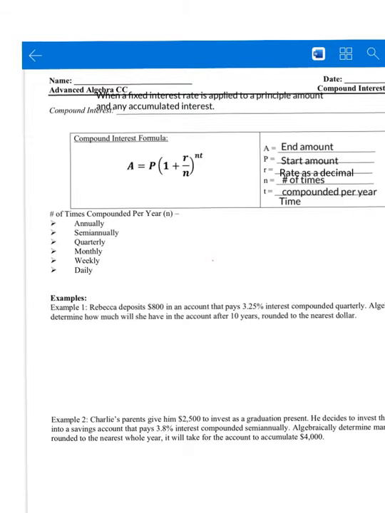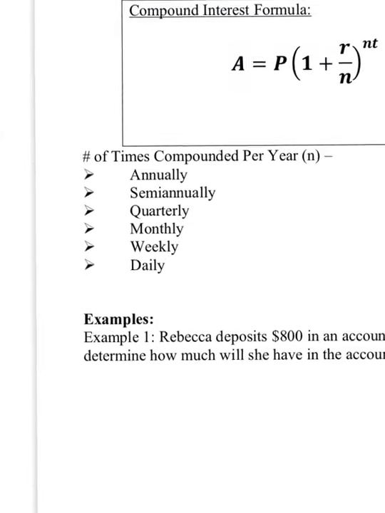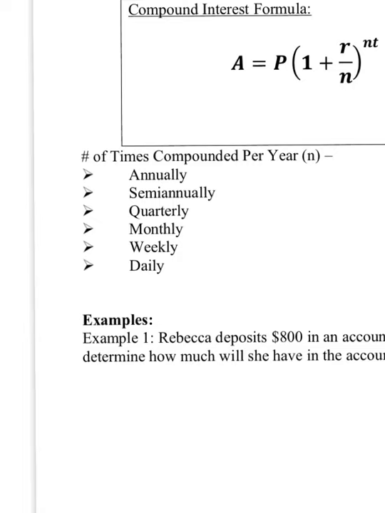If it says that it's being compounded annually, think: if something happens annually, how many times a year does that happen? It happens once a year. So if it says compounded annually, you're going to plug 1 in for N. If it says semi-annually, like a semi-annual sale, those happen twice a year, every half year.